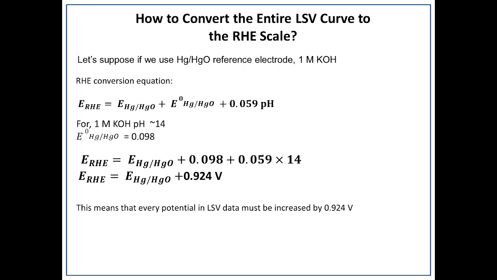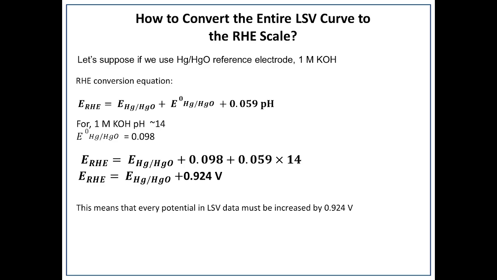In my previous video, we learned what the reversible hydrogen electrode scale is and how to convert a particular potential value from the Ag/AgCl reference electrode to the RHE scale. Many of you understand the equation, but one common question was: during an LSV experiment, we don't get just one potential value.